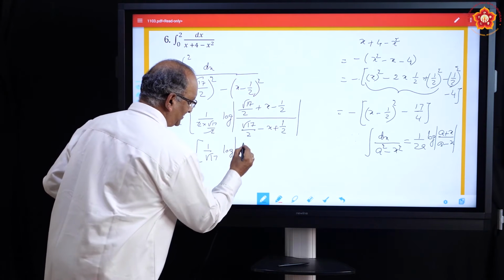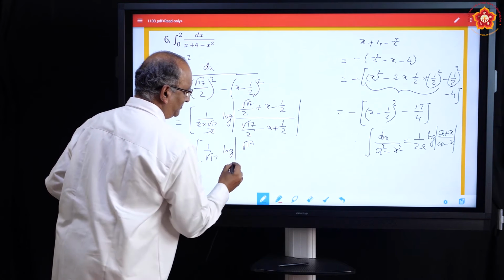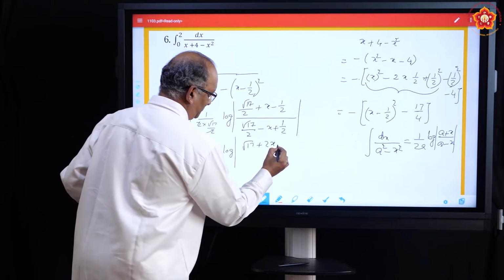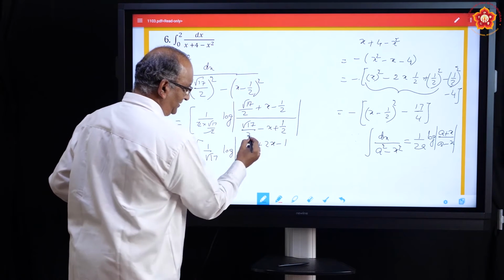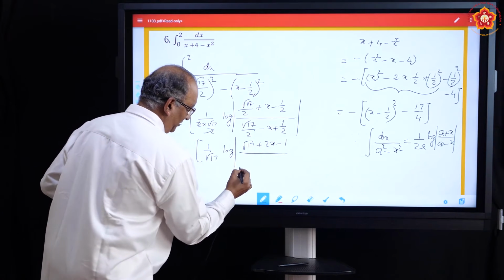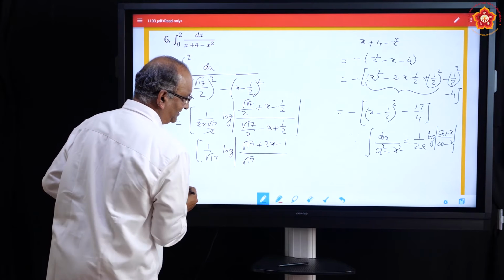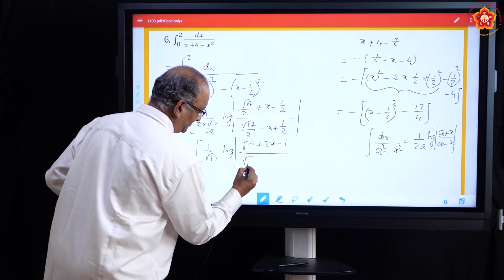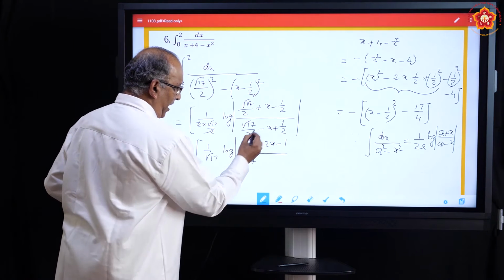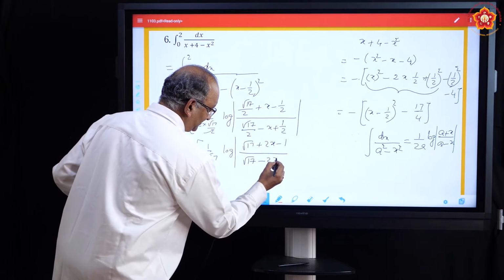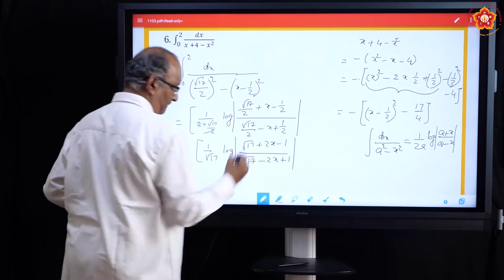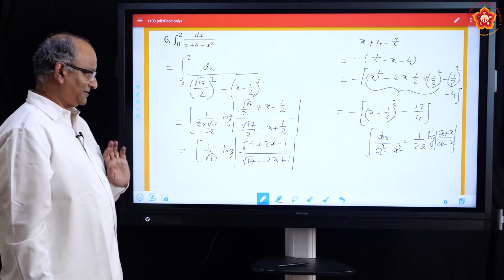So we can write it as root 17 plus 2x minus 1. 2 will be there, which will get cancelled, whereas in denominator we are going to get root 17 minus 2x plus 1. This is the answer.